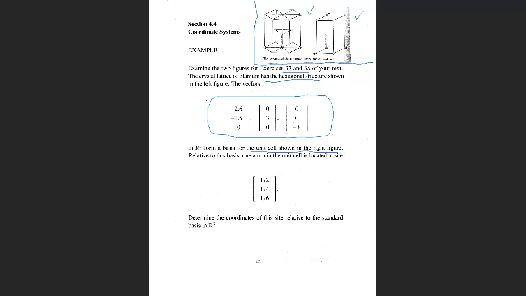Okay, so where are they getting this from? Well, what I'm going to do is, in the lattice, delineate a unit cell.